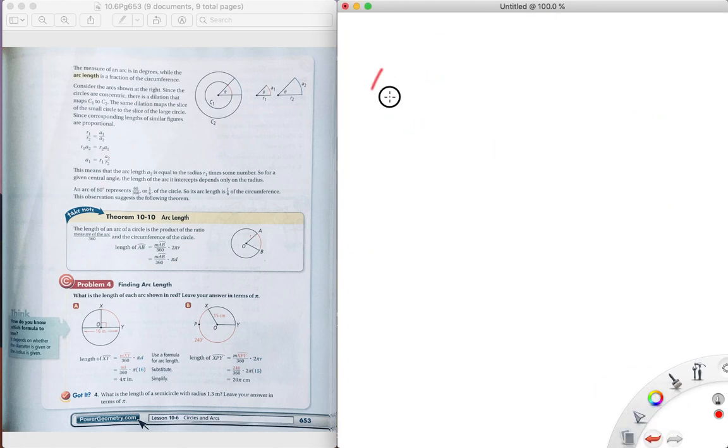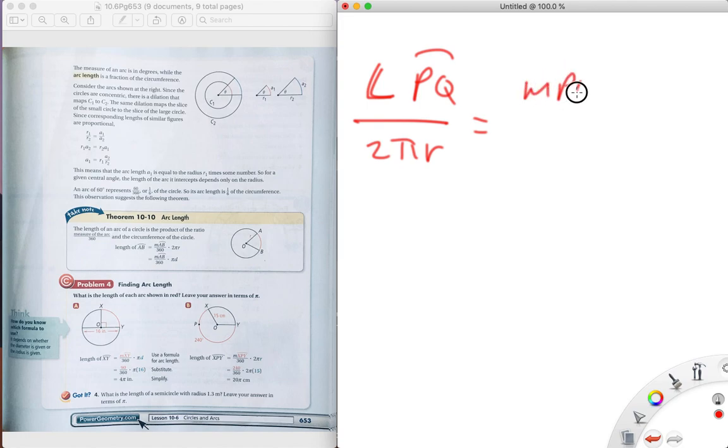So I'm going to call L for length. Length of PQ over 2 pi r is equal to the arc over 360 degrees. We're going to multiply both sides by 2 pi r.